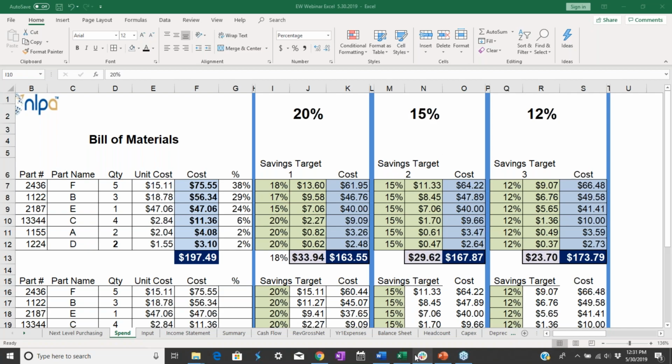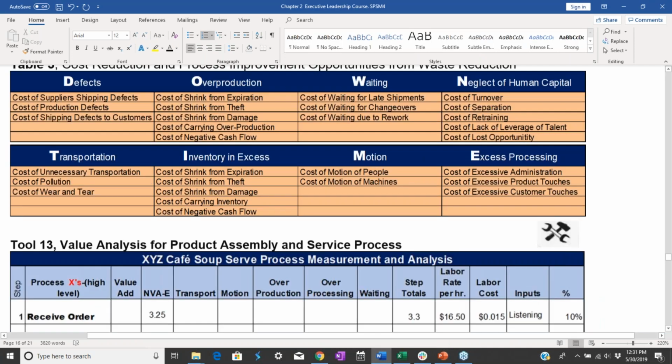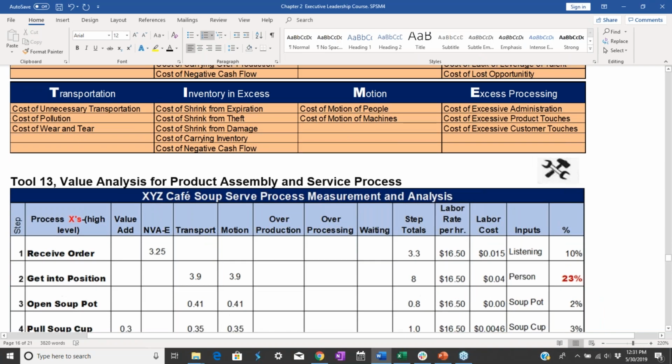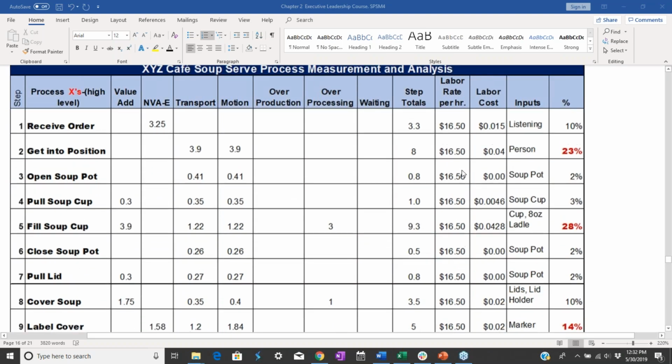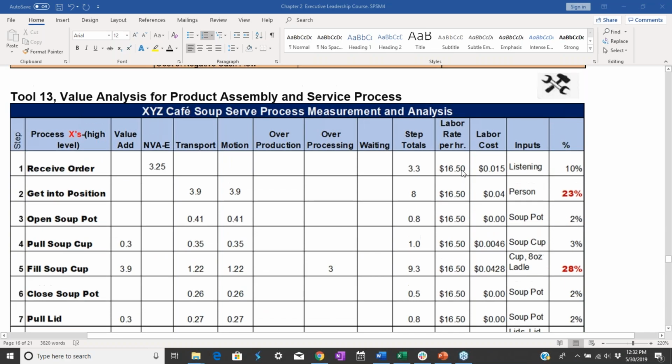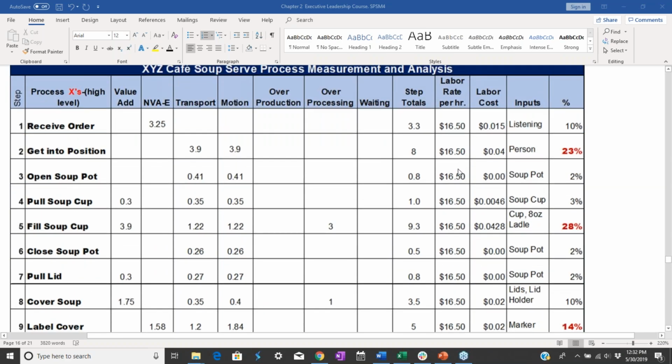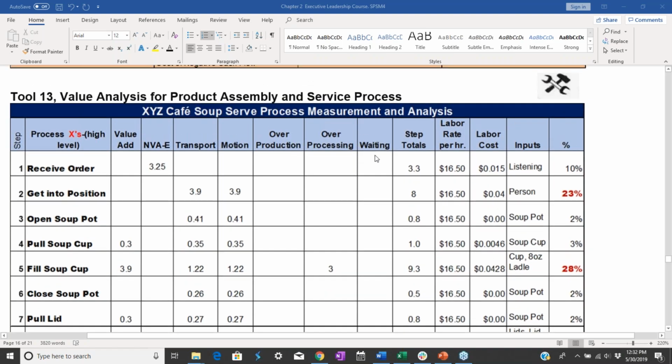Okay, so the cost of waiting, let's go back to... okay, so in this particular process, there was no waiting, but I've seen processes where the employees are waiting for something.